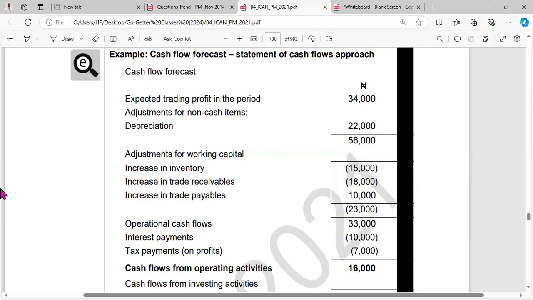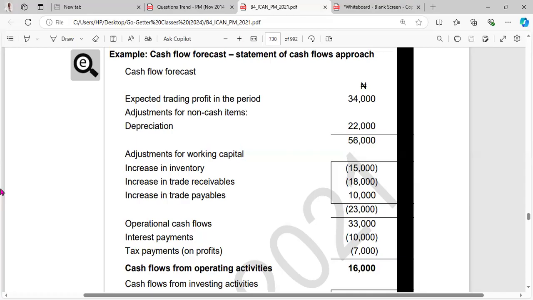So an increase in trade receivables means an outflow. And of course, if there is a decrease in inventory, it means money is coming in, because as they are selling off, the inventory is decreasing and money is coming. Trade receivables, as they are reducing, it means they are paying you back.